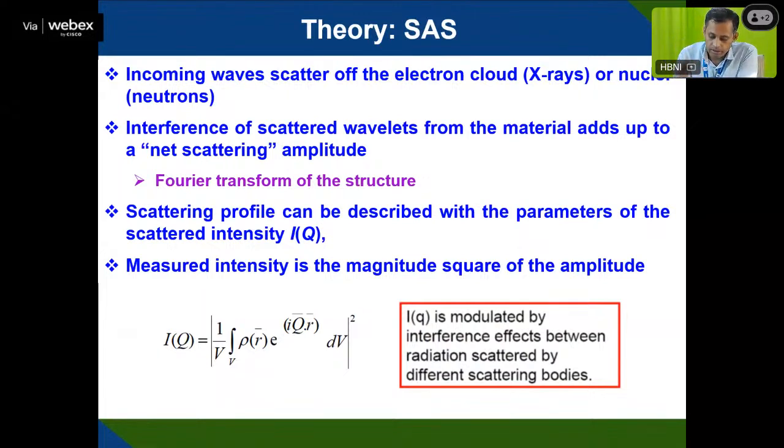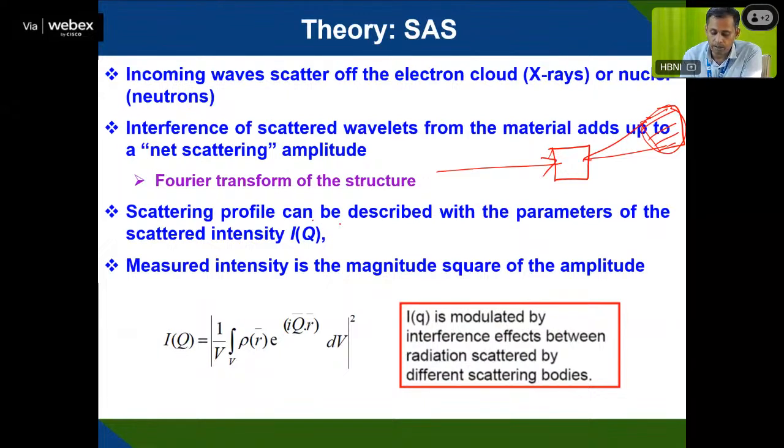Like a particular material is here, then you have scattering here. You are measuring in a particular solid angle with the detector that measures the scattering intensity. The net scatter is the sum of the interference of scattered wavelets from different particles, and then you have to apply a Fourier transform of this to get the intensity I(Q).